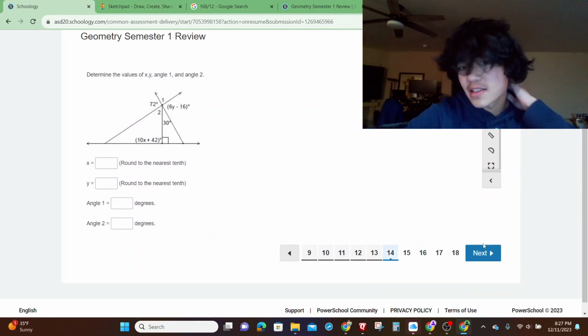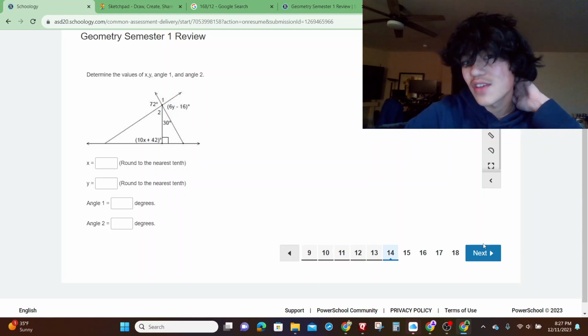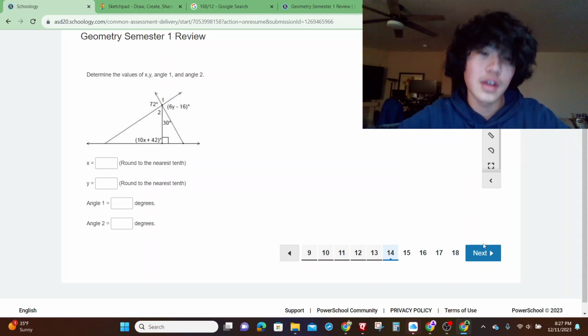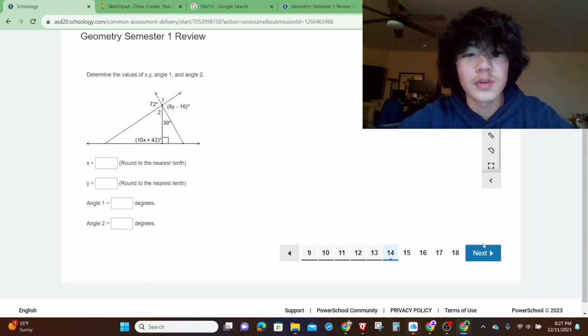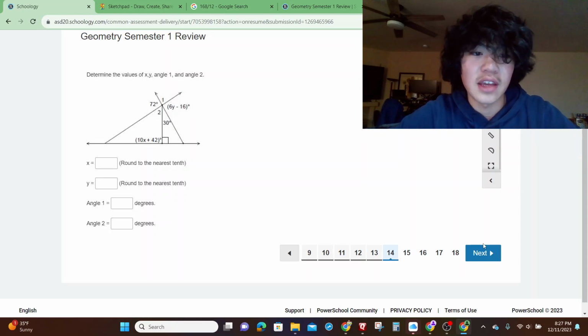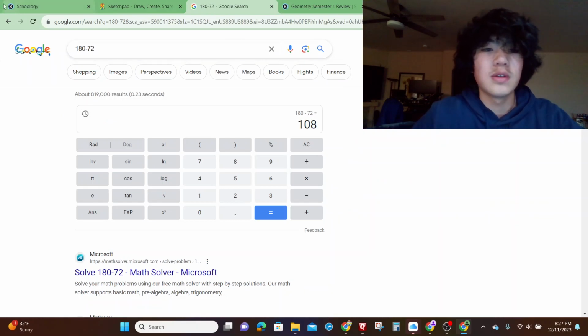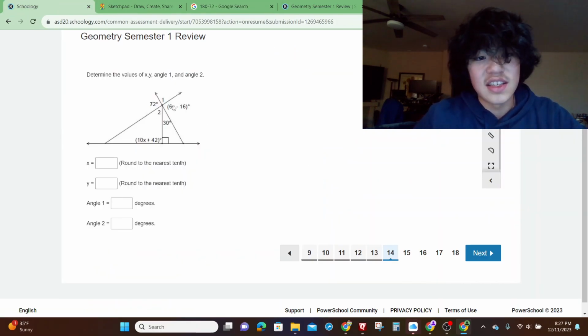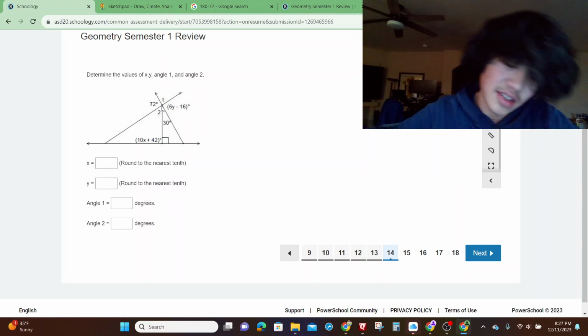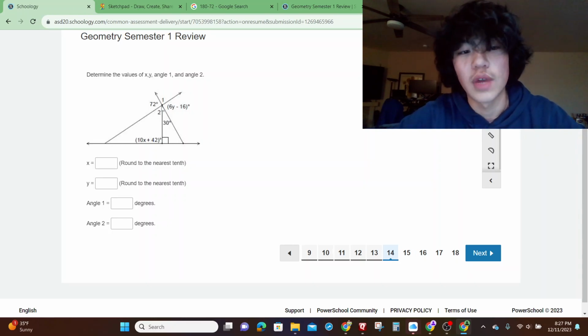Okay, this one asks, determine the values of x, y, and angle 1 and angle 2. Now this may look very complicated, and it does seem a little bit intimidating. But once we break it down, it's not so bad after all. Alrighty, so right away we can already find angle number 1. To find that, we just do 180 minus 72, because those two are linear pairs, which means the addition of them equals 180.